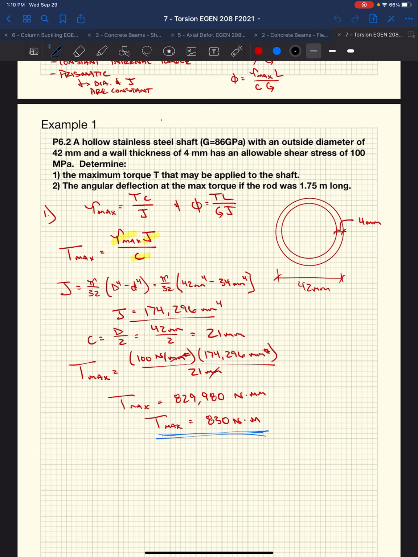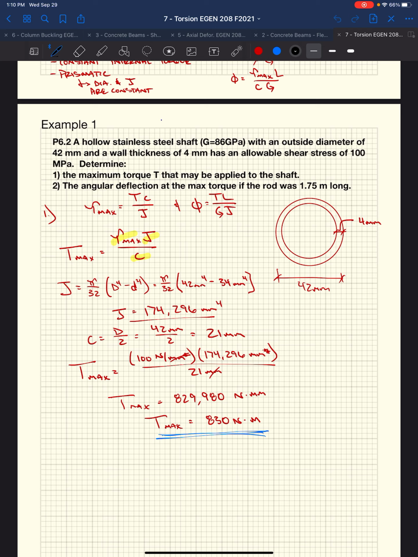They also told us that the maximum allowable shear stress of that material was 100 megapascals, or newtons per millimeter squared. Based on that information, they wanted us to determine the maximum torque that could be applied to the shaft and the angular deflection at the max torque if the rod was 1.75 meters long.